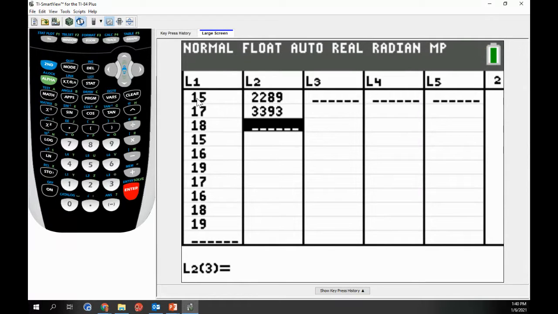And then instead of doing one variable stats like we've been doing all semester, you're going to do two variable stats.